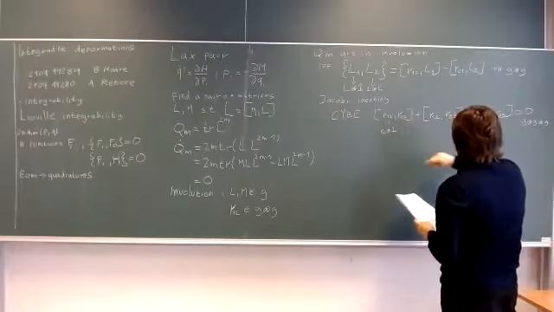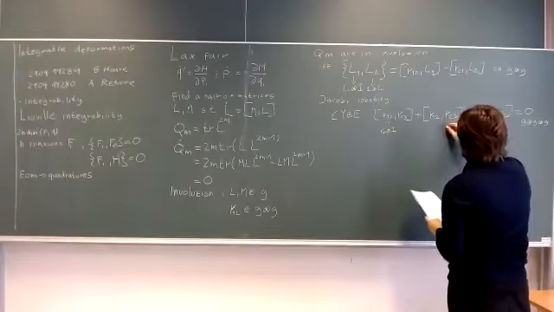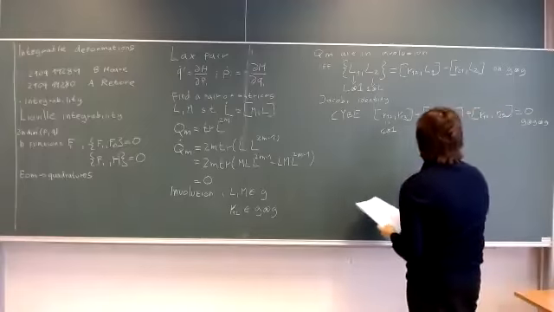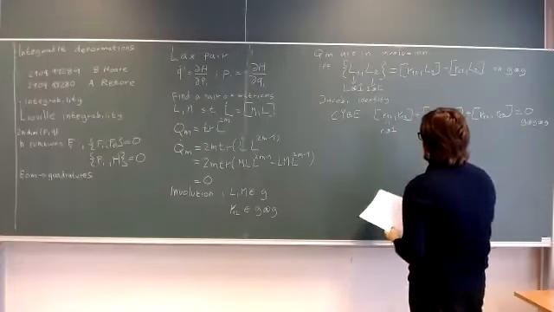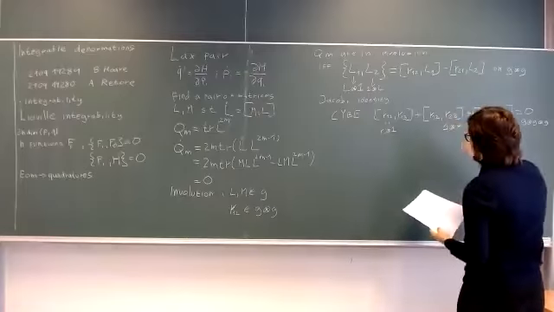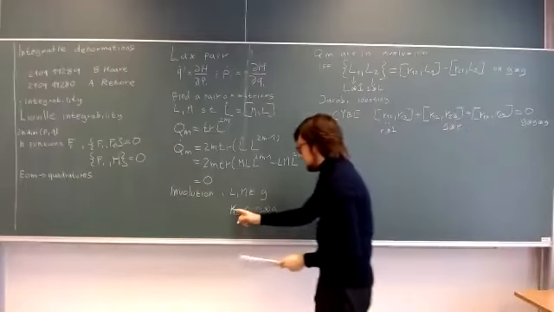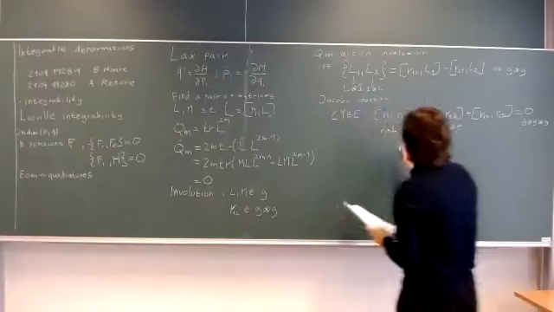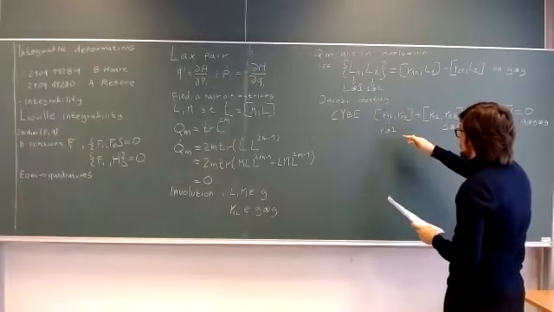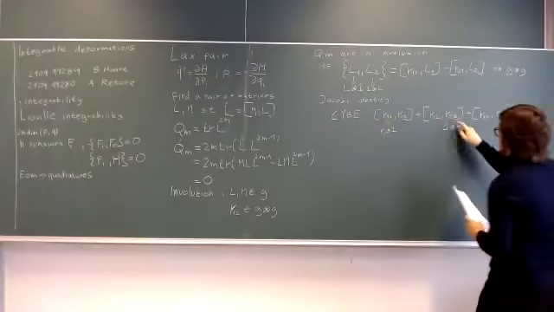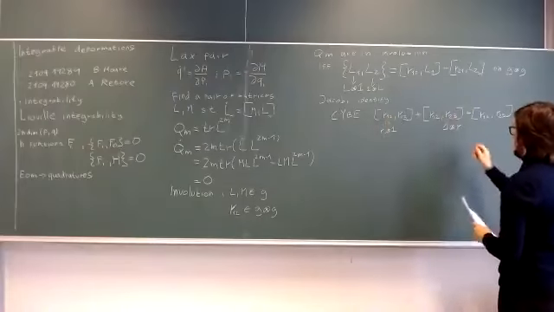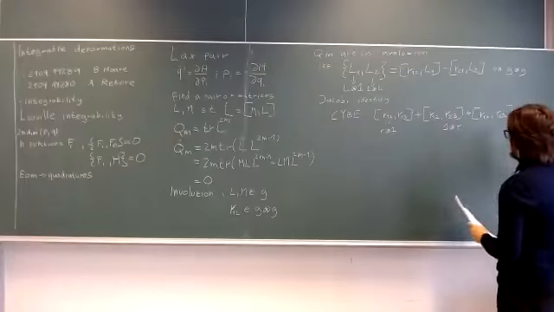R_23 would be identity times the normal R. I can also write this without the indices, and I can just say my R. It would make sense, and then you would compute these by these rules: it acts on the first and second space, here on the second and third space, and the rest is identity.